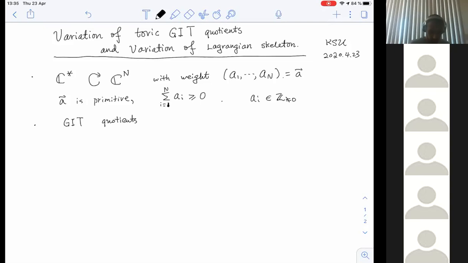Let me recall for you that to do a GIT quotient, we need to choose an equivariant ample line bundle. Since here we are in C^n, we only need to choose a non-zero character of C star.